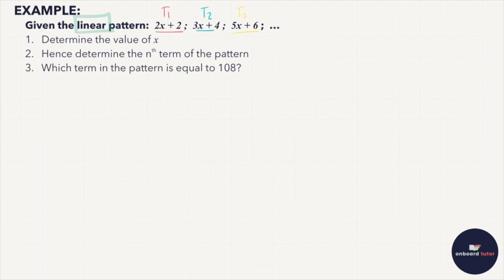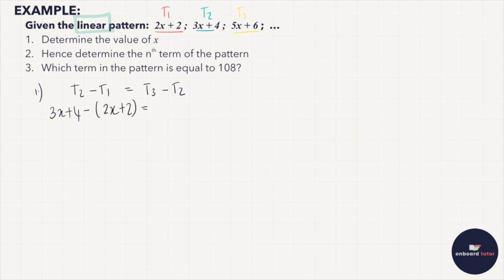And so what I can do now is simply equate those. If I were to take term 2 minus term 1, it should be equal to term 3 minus term 2. And now all I need to do is substitute in and solve. So term 2 was 3x plus 4. I'm subtracting the whole of term 1. So once again, be careful there.